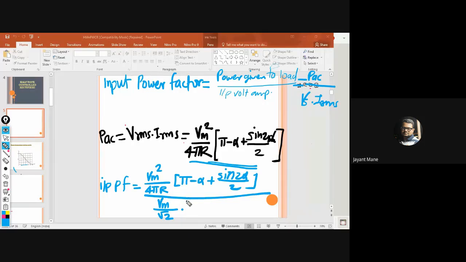We have already calculated. So it is Vm by 2R, 1 upon 5, pi minus alpha plus sine 2 alpha by 2.